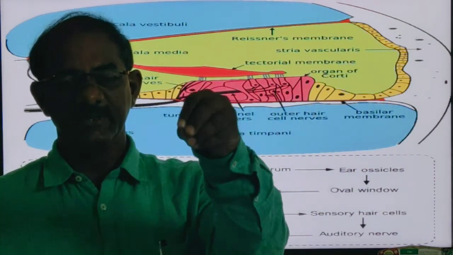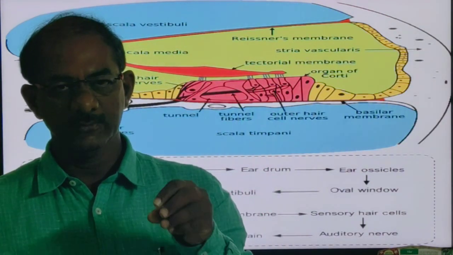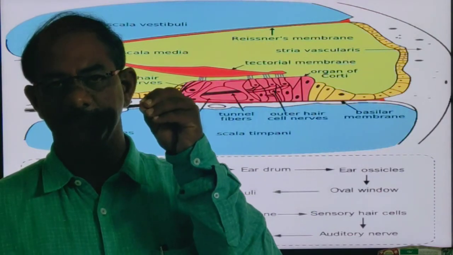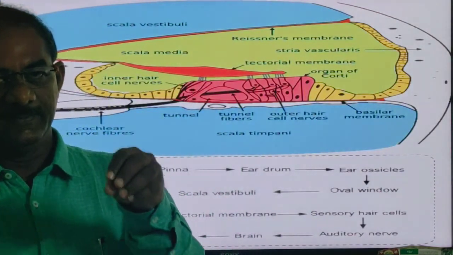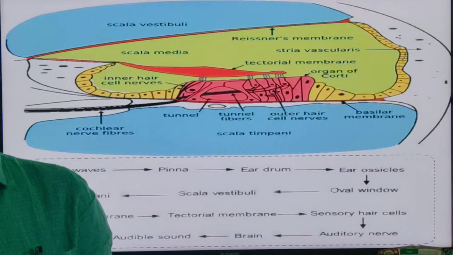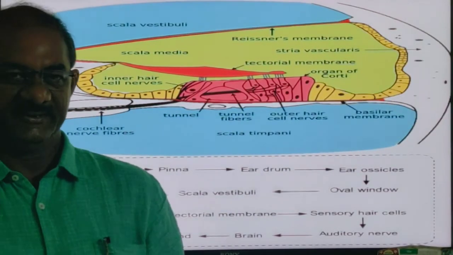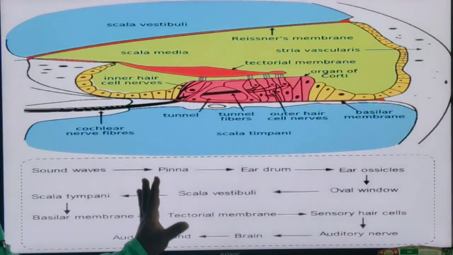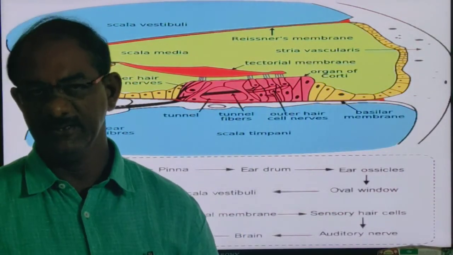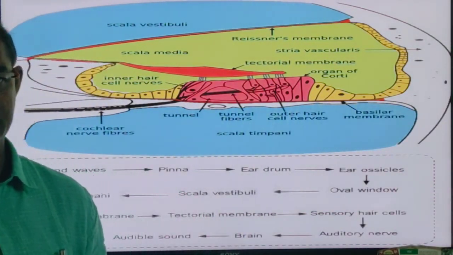In the temporal lobe of the brain, the hearing center is present, and audible sound is created. In this way, the working of the human ear is offered in this pattern.